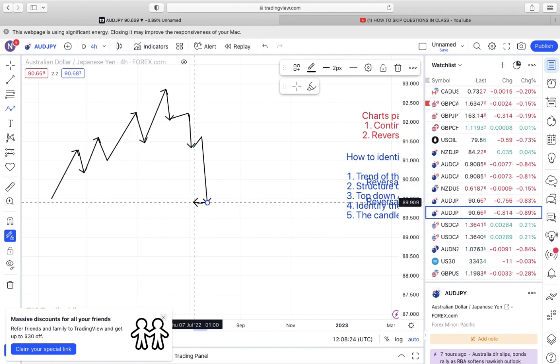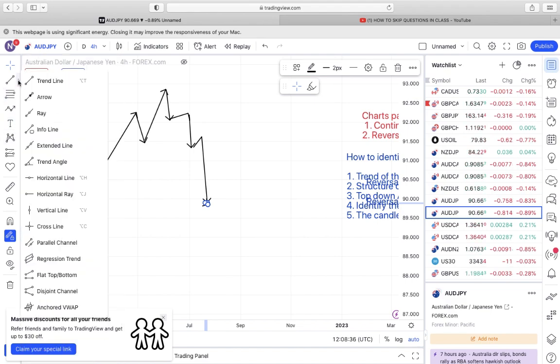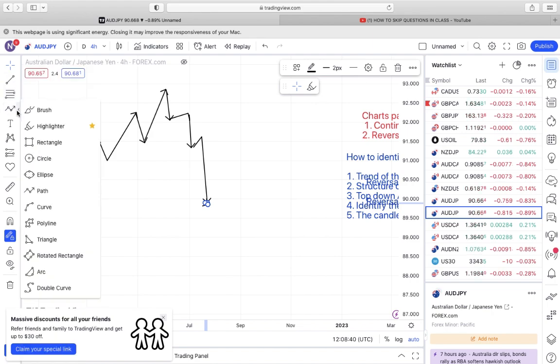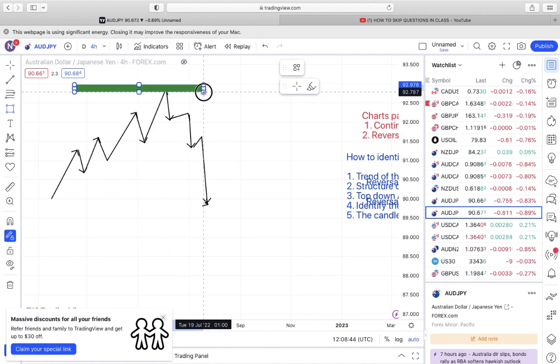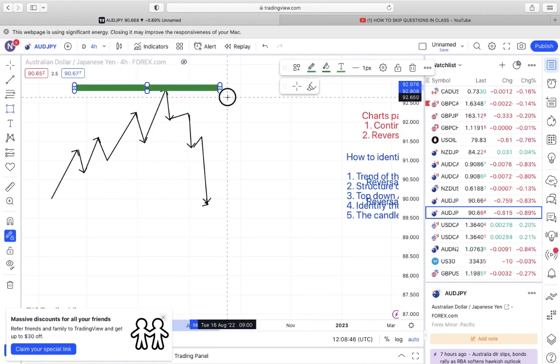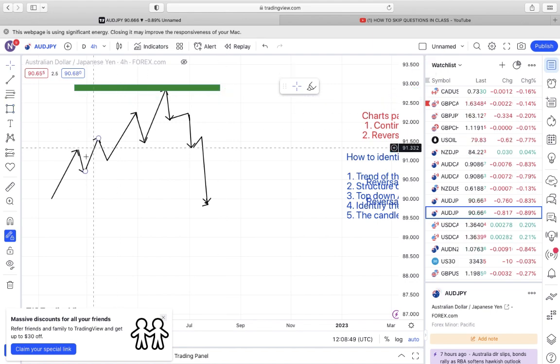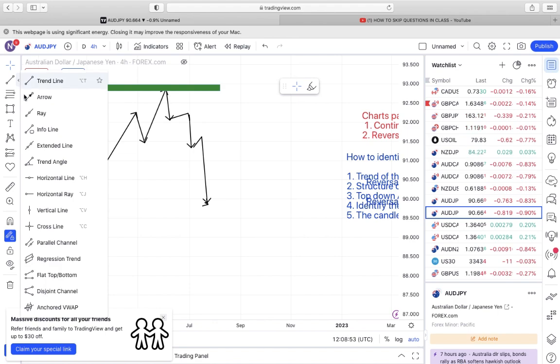Now let us say this one was a market, and let us assume that this market had something at a key zone. Let us say the key zone was here. I've marked the key zone. Then this market was upward trending and it has reached a key zone.